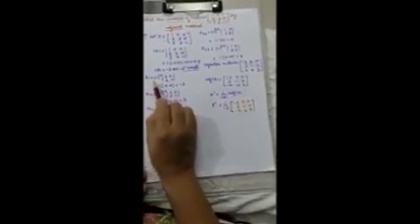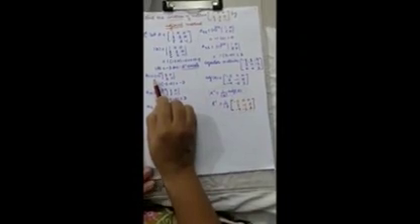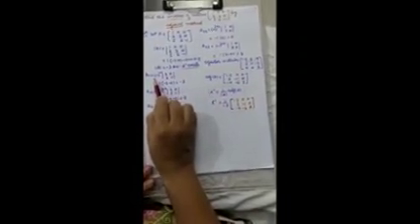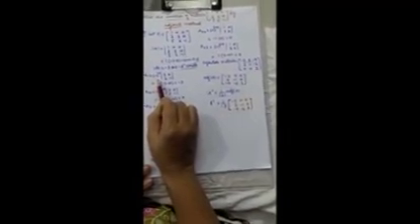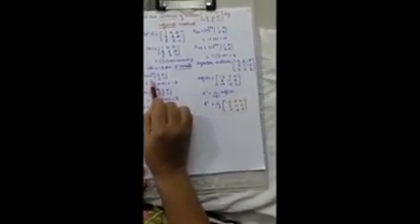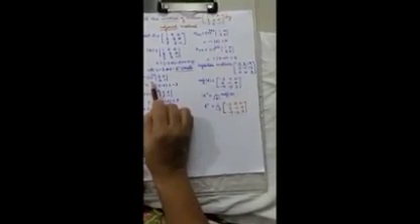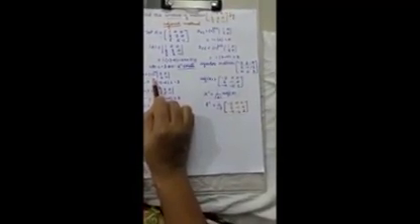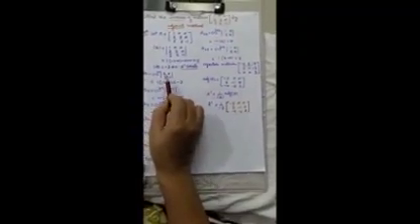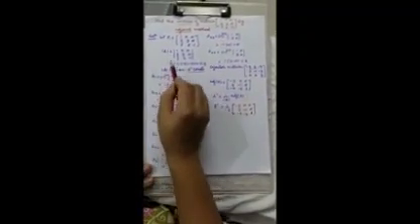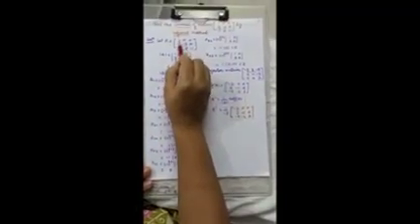For finding out the adjoint of a matrix, follow the same steps as we have done earlier. First of all, remember the formula. The cofactor of each and every element can be found out: cofactor of Aij is equal to minus 1 raised to i plus j into Mij. Same here. Now A11, see the position of the element A11.